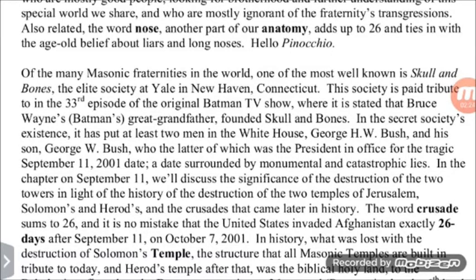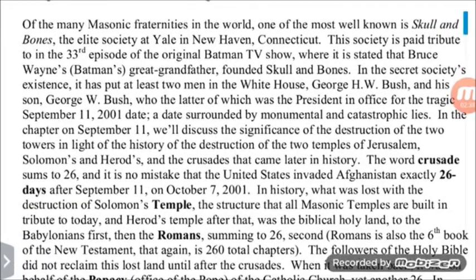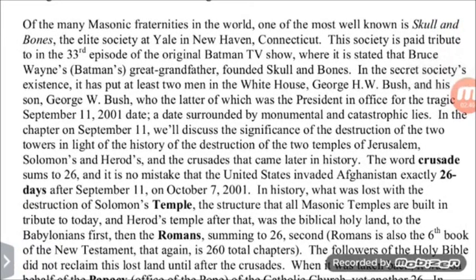Hello, Pinocchio. Of the many Masonic fraternities in the world, one of the most well-known is Skull and Bones, the elite society at Yale in New Haven, Connecticut. This society has paid tribute to the 33rd episode of the original Batman TV show, where it is stated that Bruce Wayne's, Batman's, great-grandfather founded Skull and Bones.